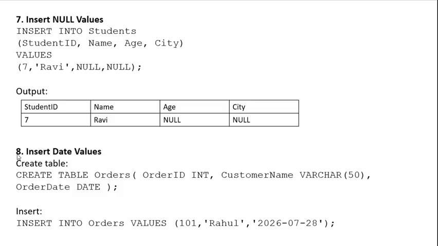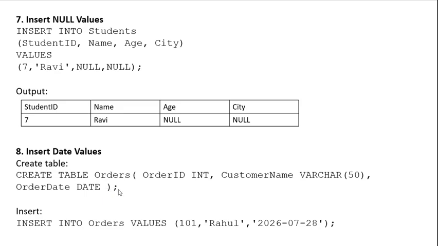And eighth is insert date values. Create a table orders, with order ID as integer, customer name as VARCHAR(50), and order date as the DATE keyword in capital letters, then close the brackets and a semicolon.